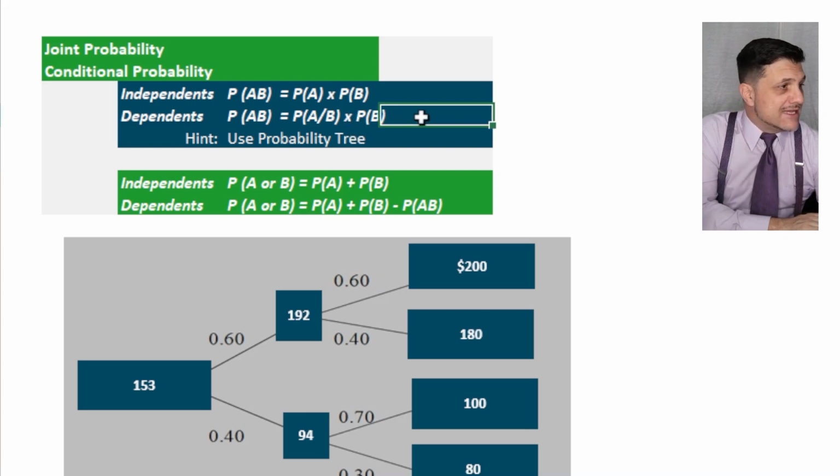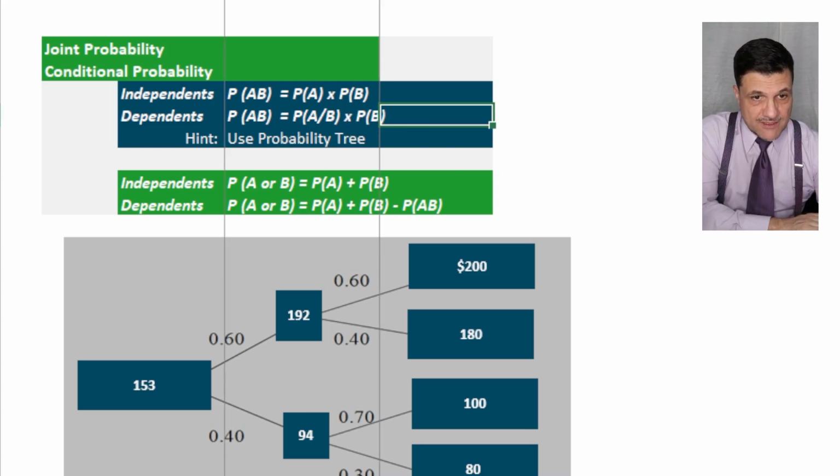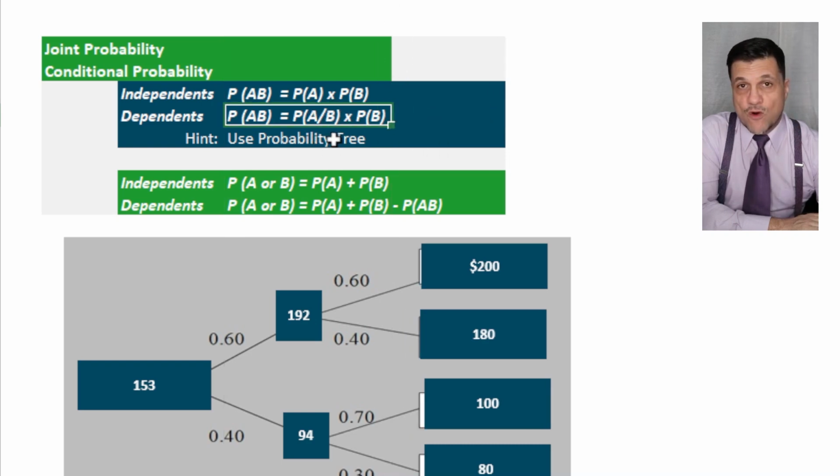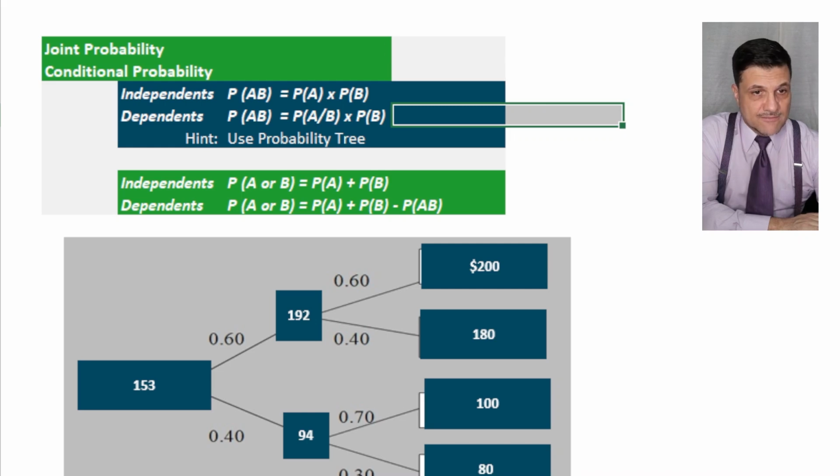Now, what I'm going to ask you to do immediately is to change how you see this formula. I don't want you to see the formula for dependent events as P of the joint equals P of the conditional times P of B. I want you to organize it in a different way. Let me show how I like to organize that formula.